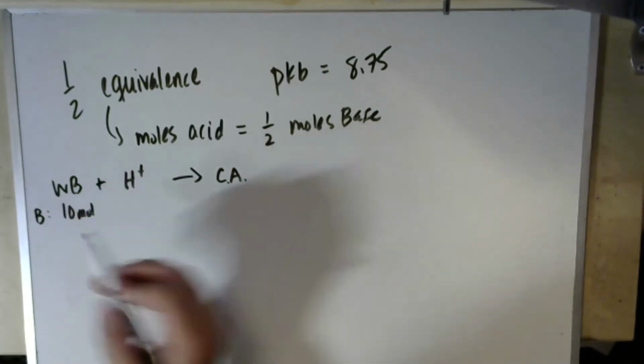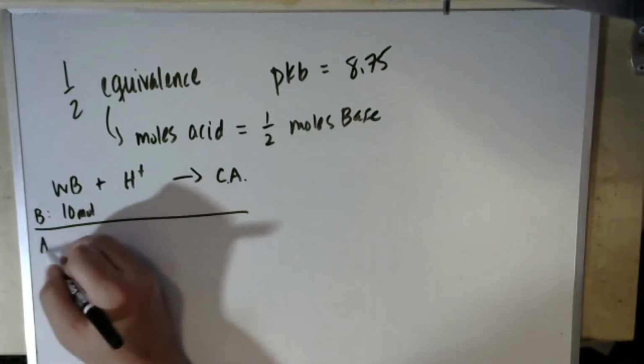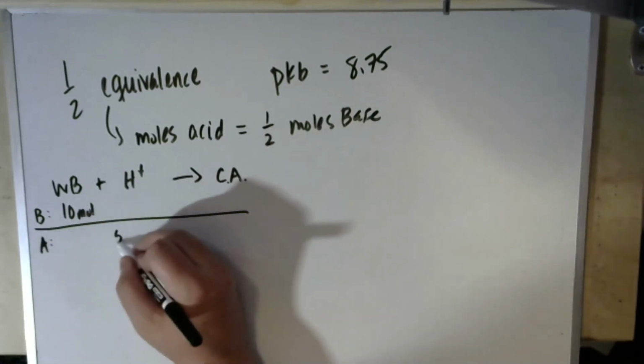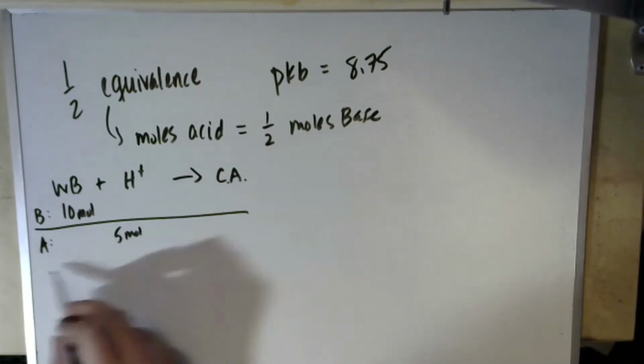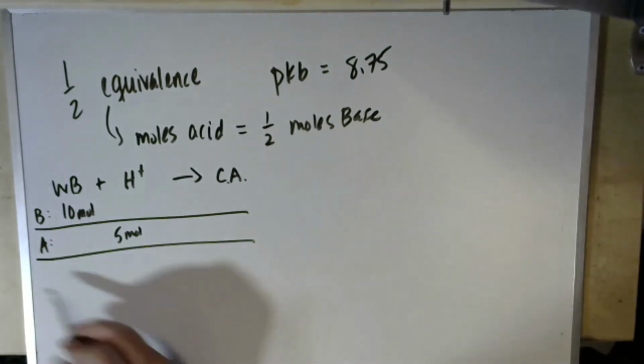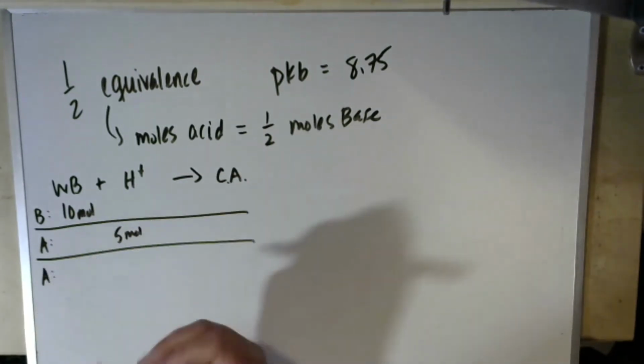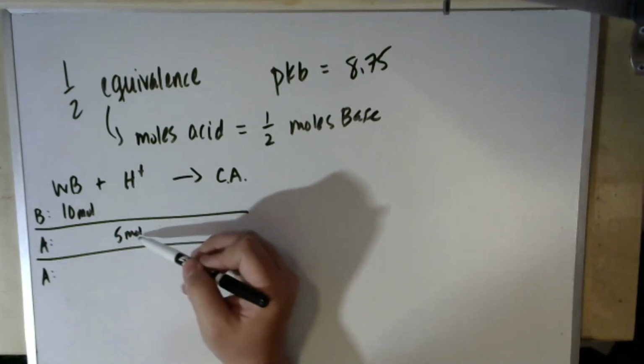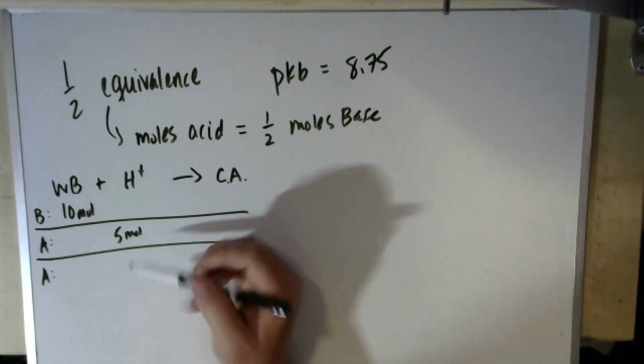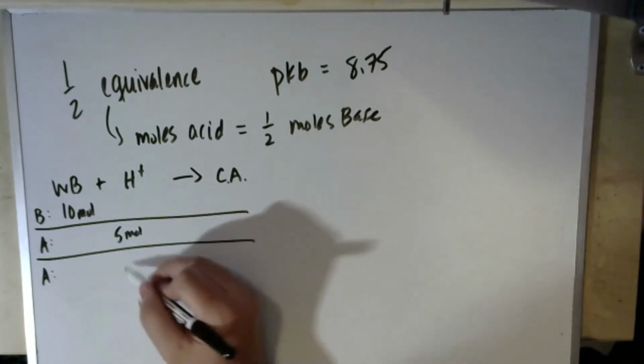So this is before the addition. The addition that I'm going to be making will be 5 moles of the H plus, the hydrochloric acid. So now after that addition is over, obviously I'm using up all of my H plus, because it's the smaller of these two values, and I'll have none left.